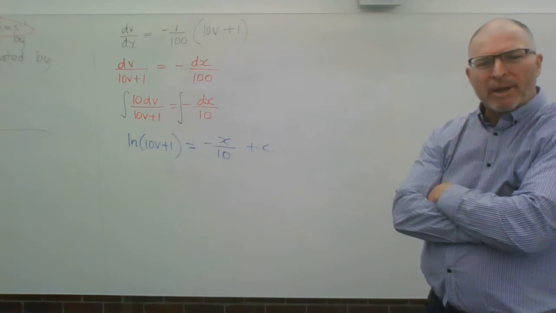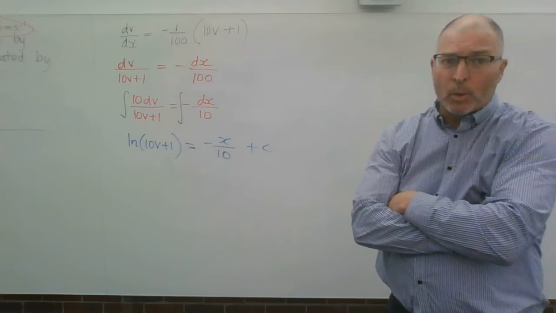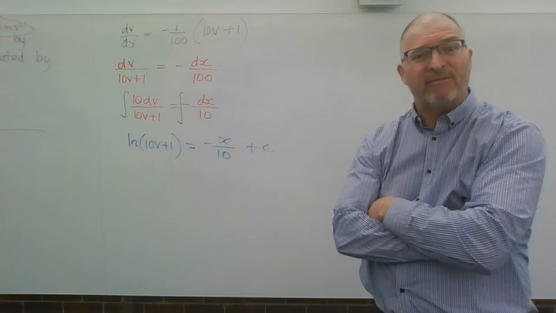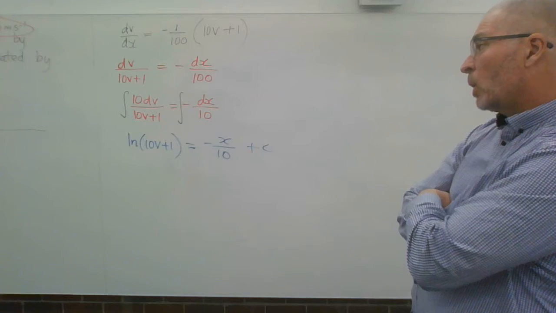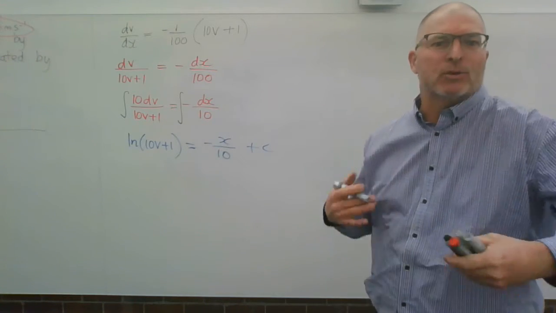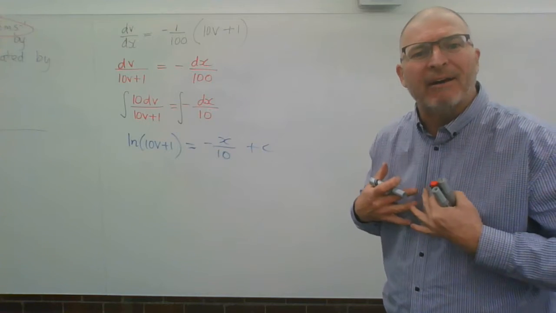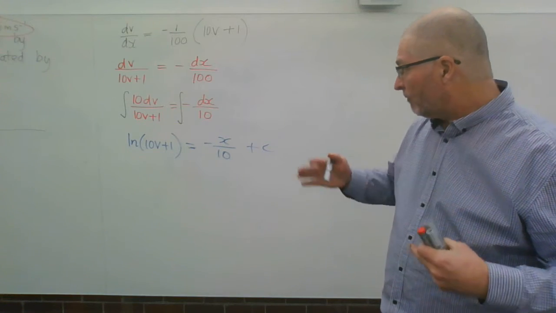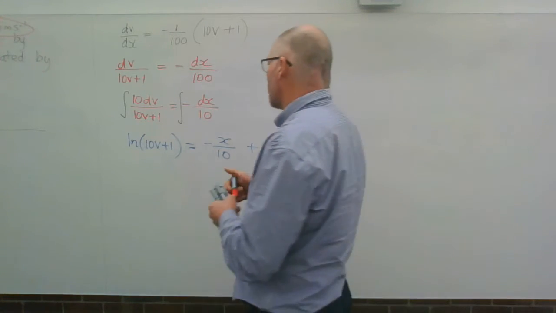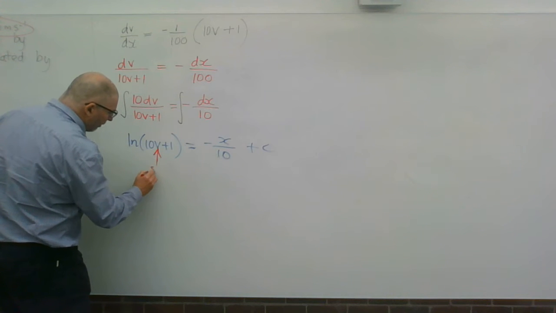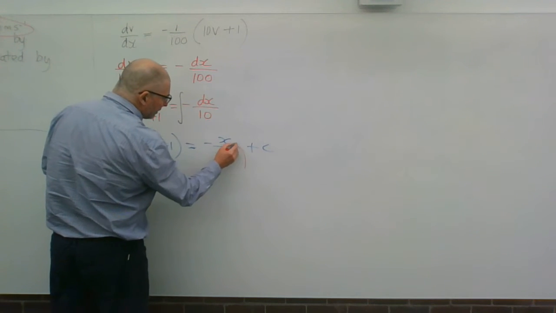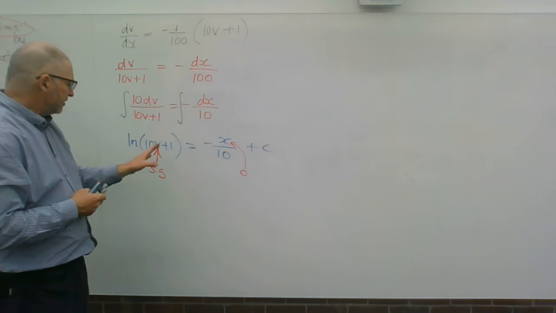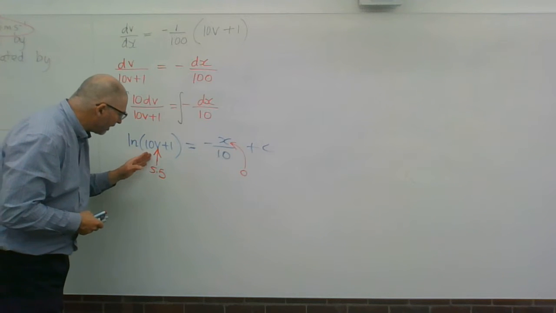Now, when we go back to the original question, it said the boat crosses the finishing line at a speed of 5.5 metres per second. So when x is 0, because this is when the situation starts, we want to know how far it glides, right? So x is 0 at the finish line. The velocity is 5.5. So if we pop in 5.5 there and 0 there, we're able to say that c is equal to the natural log of 55 plus 1.